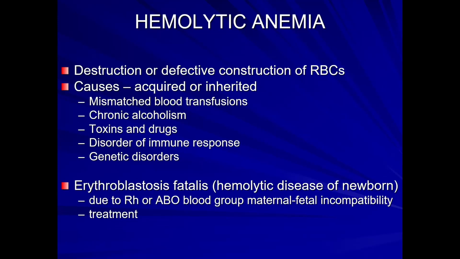And then we'll also talk about erythroblastosis fetalis, which is due, if you've had a baby, to something called the Rh factor, where the maternal and the baby's blood types are incompatible, and the mother starts creating antibodies against the baby's blood type. It's always tested for, and it's an easy fix: the mom just needs a shot.